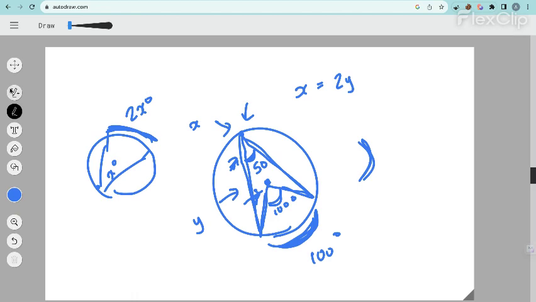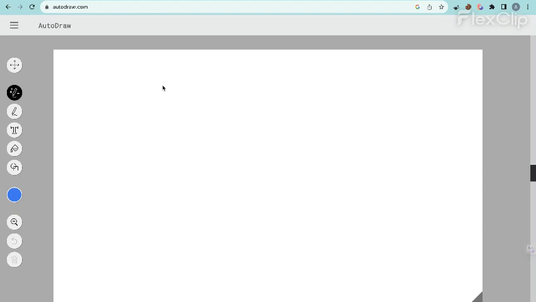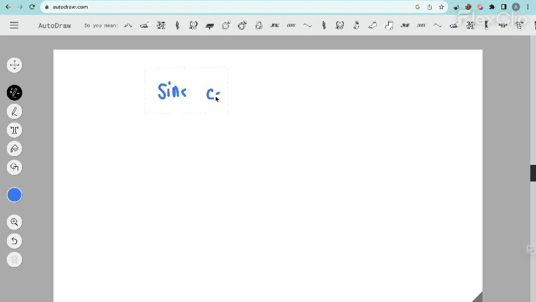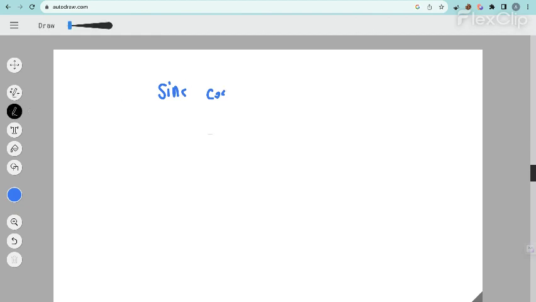All right, cool. So now we've basically gone over the idea of sine, cosine, and tangent.